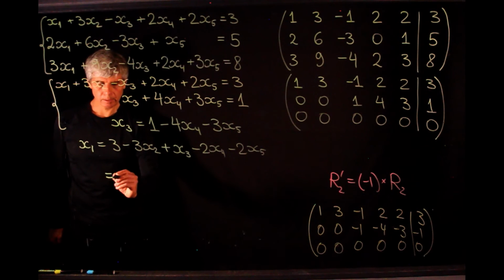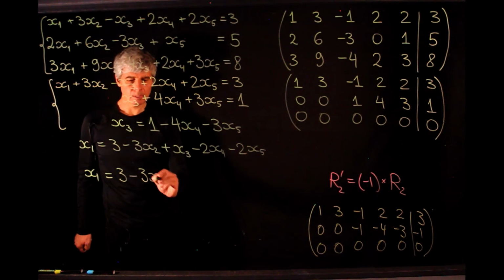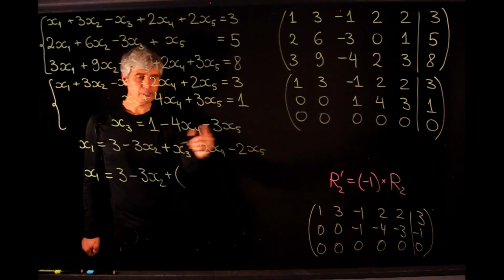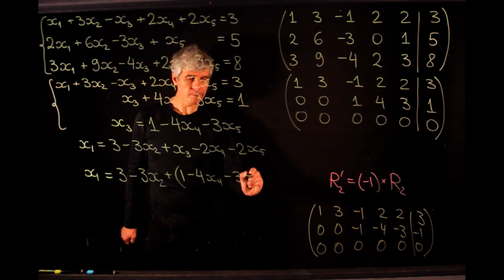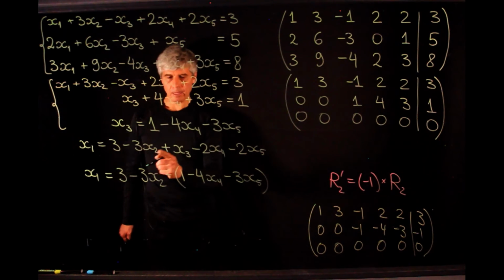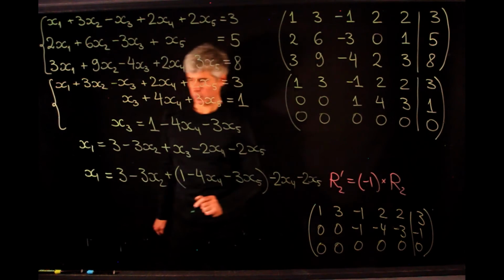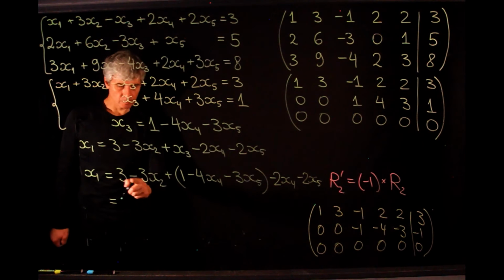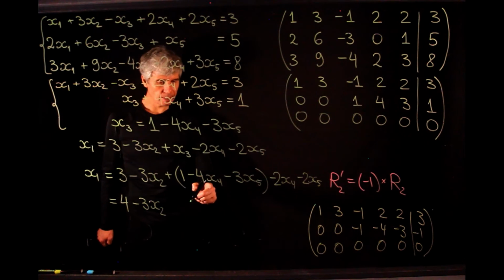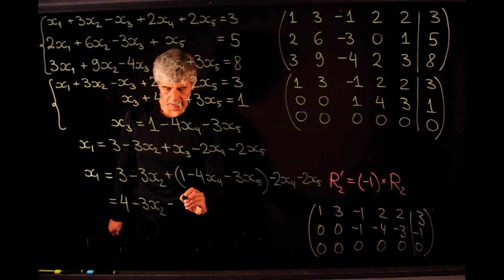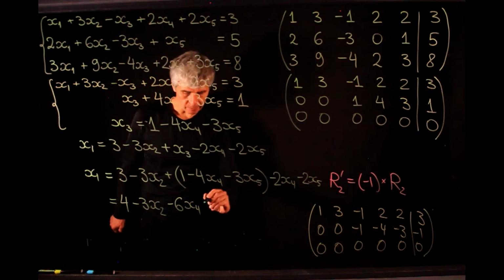This will give us x1 equals 3 minus 3x2 plus, instead of x3 we write 1 minus 4x4 minus 3x5, and minus 2x4 minus 2x5, equals, so we have 3 plus 1, that's 4, minus 3x2, then we have minus 4x4 and minus 2x4, minus 6x4, and combining the terms with x5, we get minus 5x5.